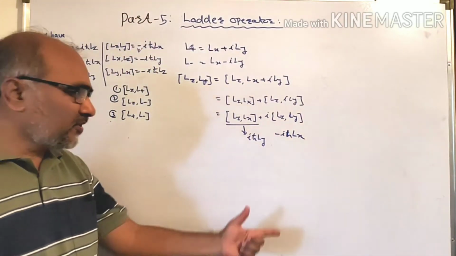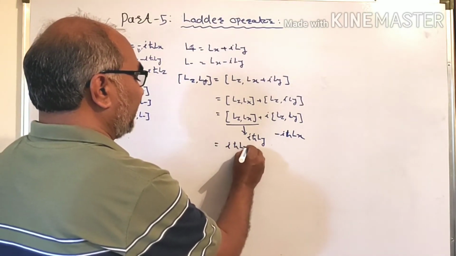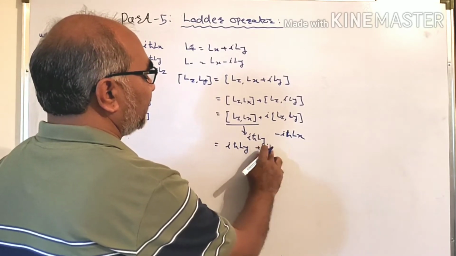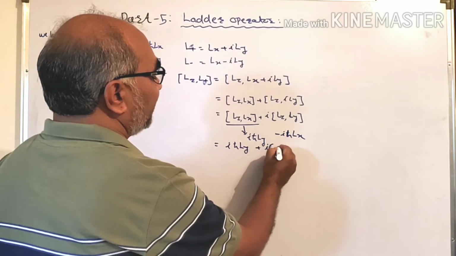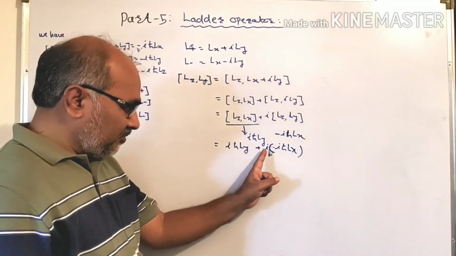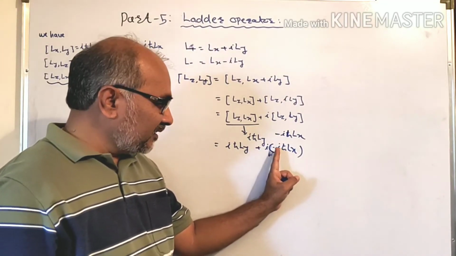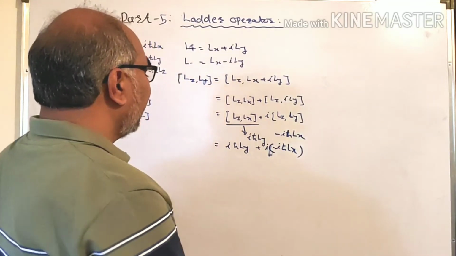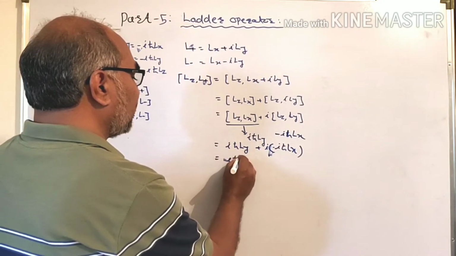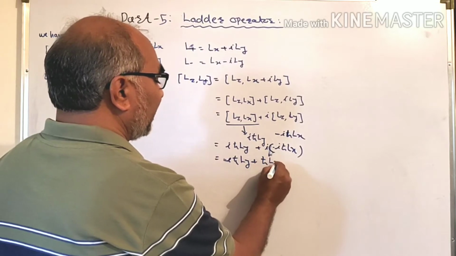Putting these values in, it is equal to i h cross Ly plus i times (minus i h cross Lx). Now multiplying the minus inside, i square is equal to minus 1, and the two minus signs cancel, so it becomes i h cross Ly plus h cross Lx.